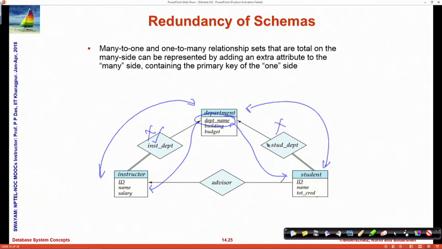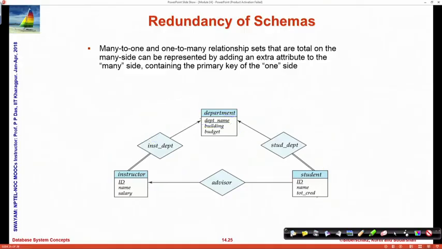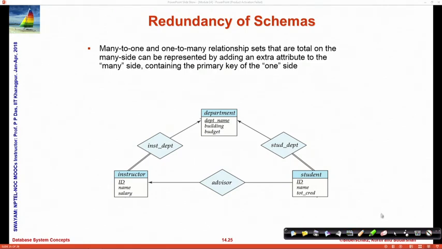So, all that we are saying is the instructor has a dep name field which says which department it belongs to. So, there is a choice between whether you will keep such relationships or you will actually reduce the redundancy in the schema and involve the primary key of the other relation into your primary table, which is instructor or the student here.